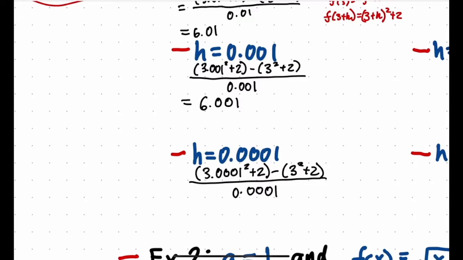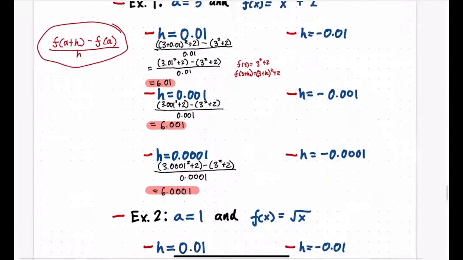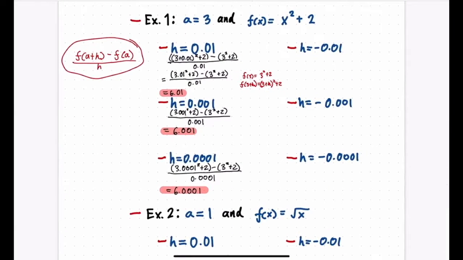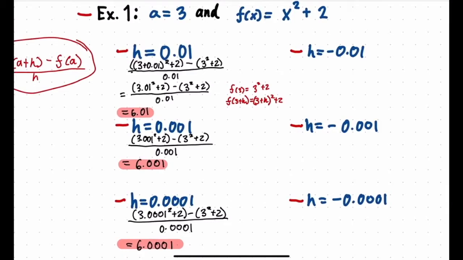And now you plug that into a calculator and you get 6.0001. So we had 6.01 and then 6.001 and now 6.0001. So they're getting closer and closer to 6, right? Well, we can't say for certain that that's what they're getting closer and closer to. It could be 6.00004 or something. So let's look at the other side, all right?